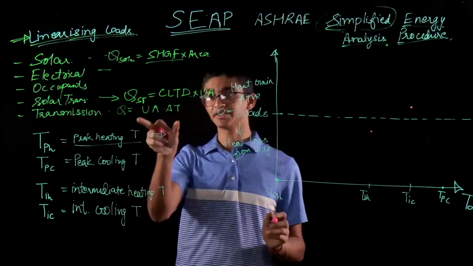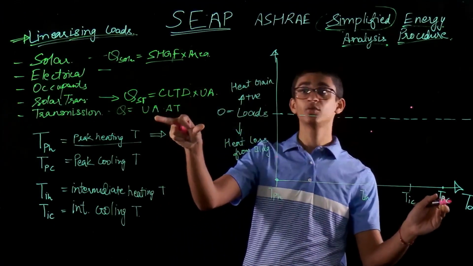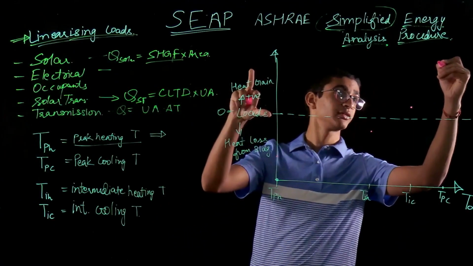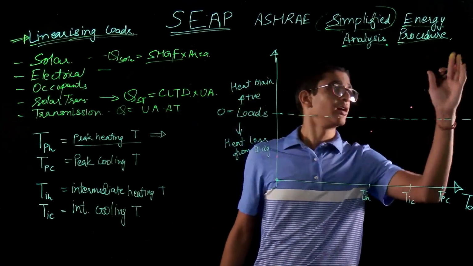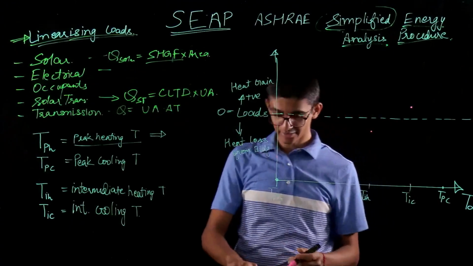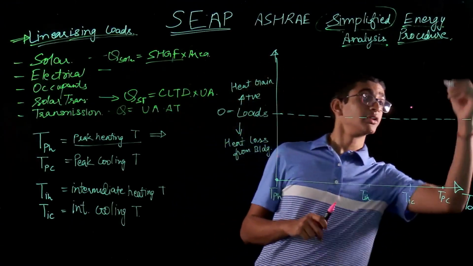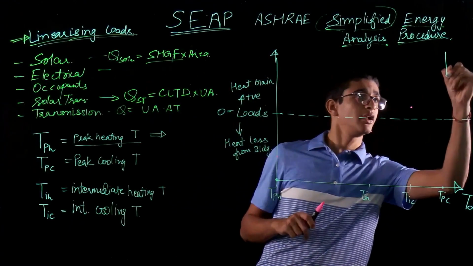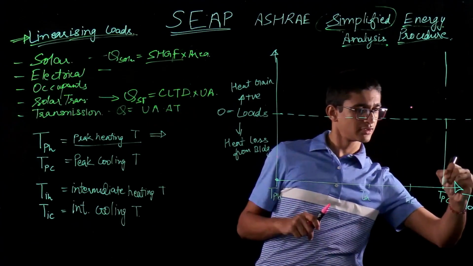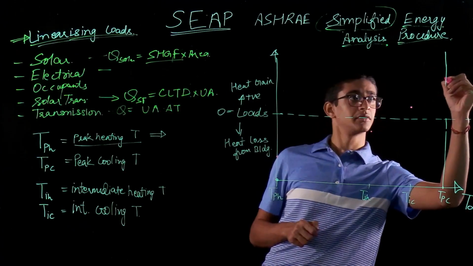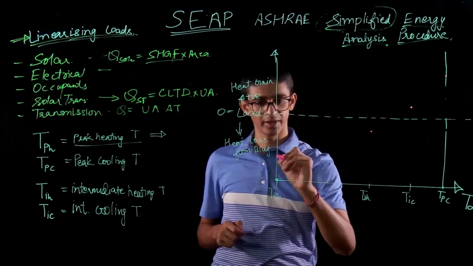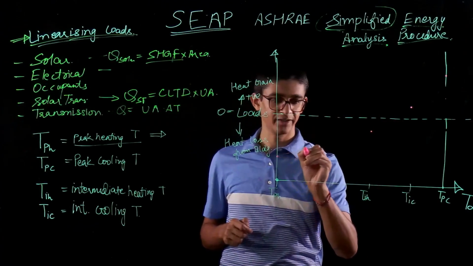That's what I considered, UA delta T. And the peak cooling may require a lot of heat to be removed from the building. Let's make a reference line over there also, so it's helpful to us. Okay. So I can make an estimated linearized load.